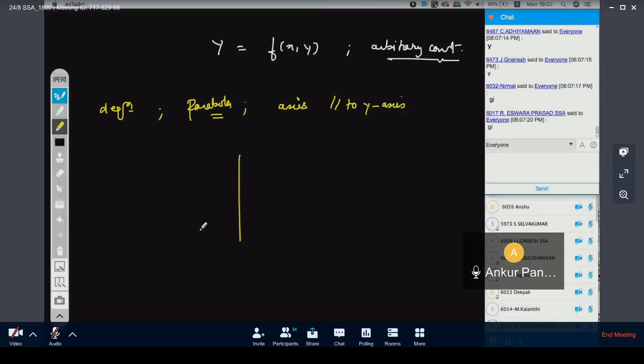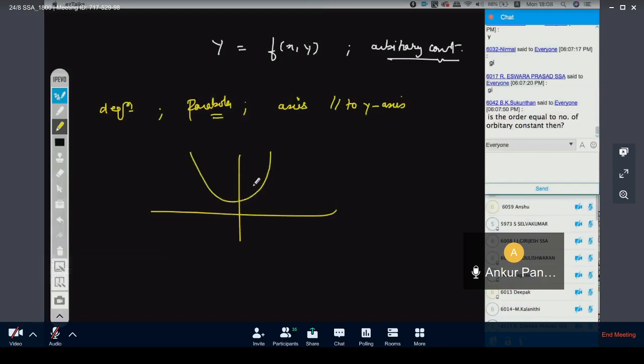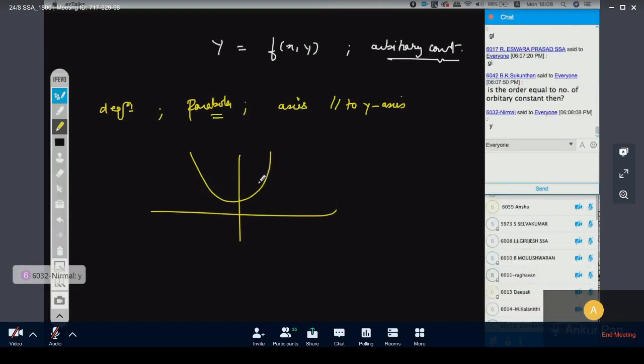This is this kind of parabola, right? In general, in most of the cases, the order is equal to the number of arbitrary constants.